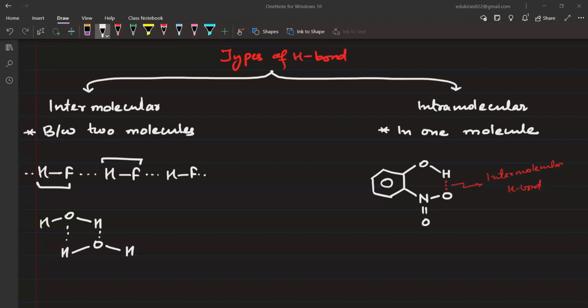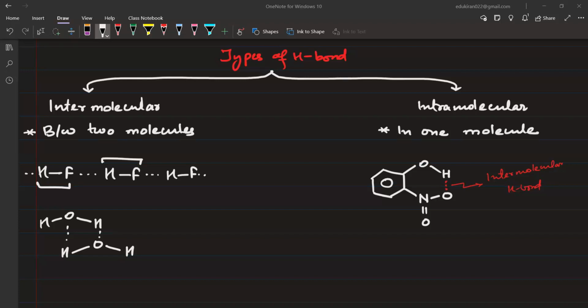But when you have intramolecular hydrogen bond, one atom is having hydrogen on its own, it is not even caring about the other molecules, right? If you have solid or liquid, let's leave gas. The solid is not made by one atom, one molecule. Until and unless you have billions of molecules around you, it is not a solid. Until unless you have billions of molecules around you, it will not be liquid.